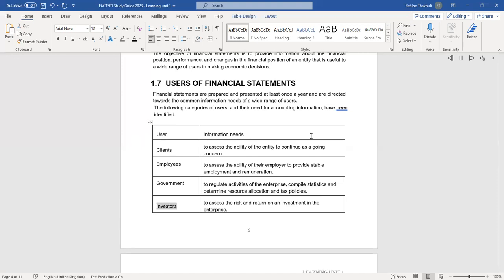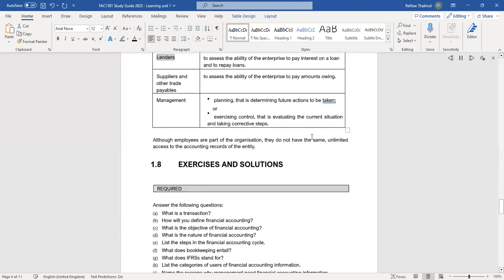Investors, to assess the risk and return on an investment in the enterprise. Lenders, to assess the ability of the enterprise to pay interest on a loan and to repay loans. Suppliers and other trade payables, to assess the ability of the enterprise to pay amounts owing.